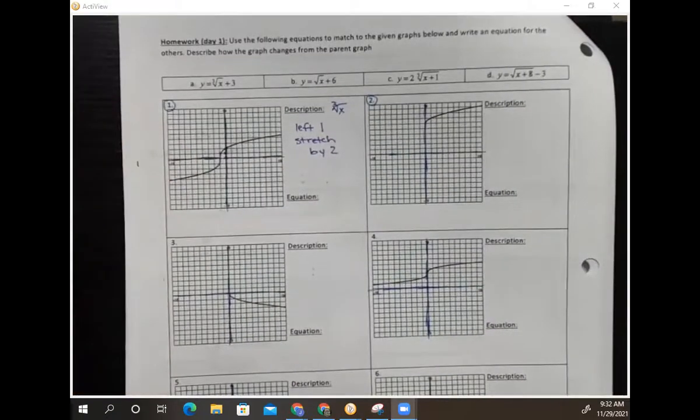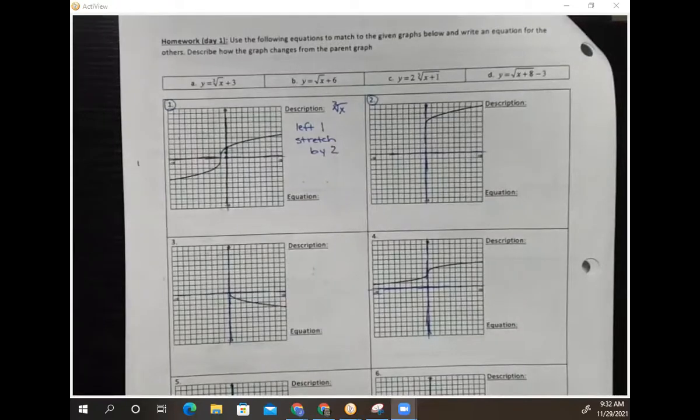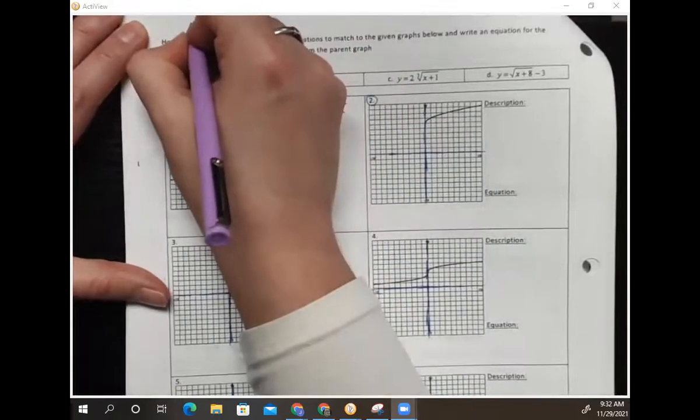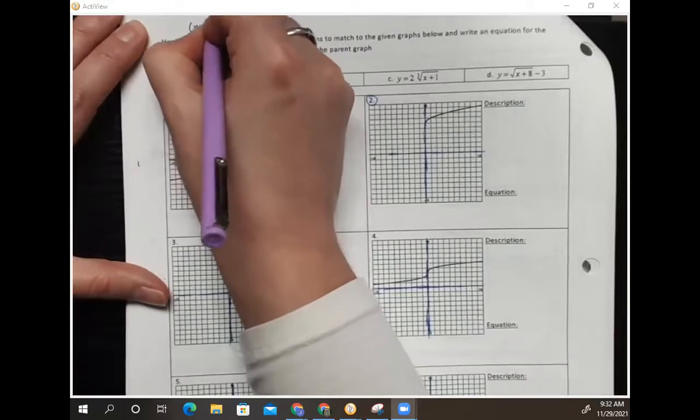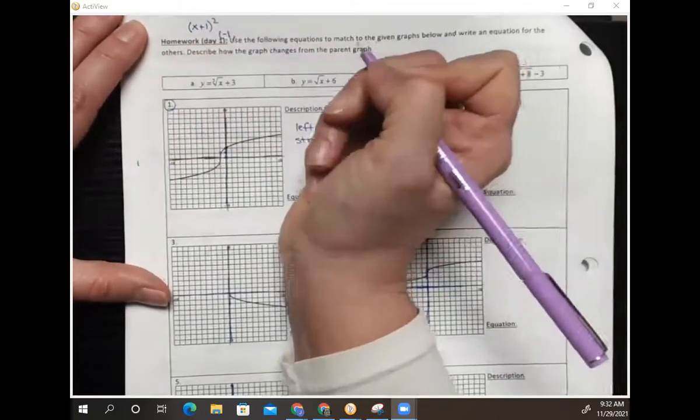So before we look and see if we've got a match for any of these, I want to talk about what this should look like, particularly with this left by 1, with this translation on our coordinate plane. Okay, so we remember vertex form. I can look in parentheses with x and see where that x coordinate of the vertex will be, and it was always sort of opposite. So for our x squared, if I had x plus 1 squared, this meant I was to the left 1, and my vertex would be at -1.